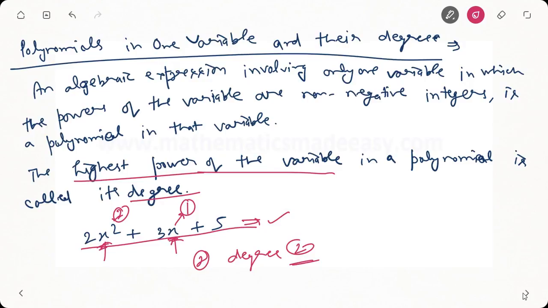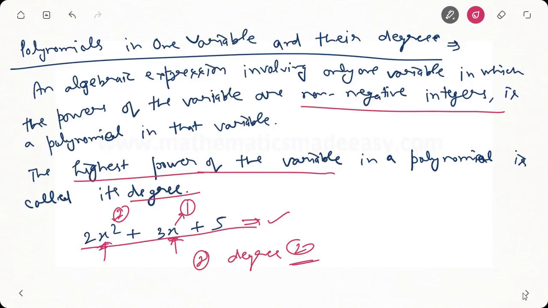So if there is any algebraic expression in one variable and it has the powers as non-negative integers, so it doesn't have any negative integer as a power, or any fraction values as a power, this will be called a polynomial in one variable.